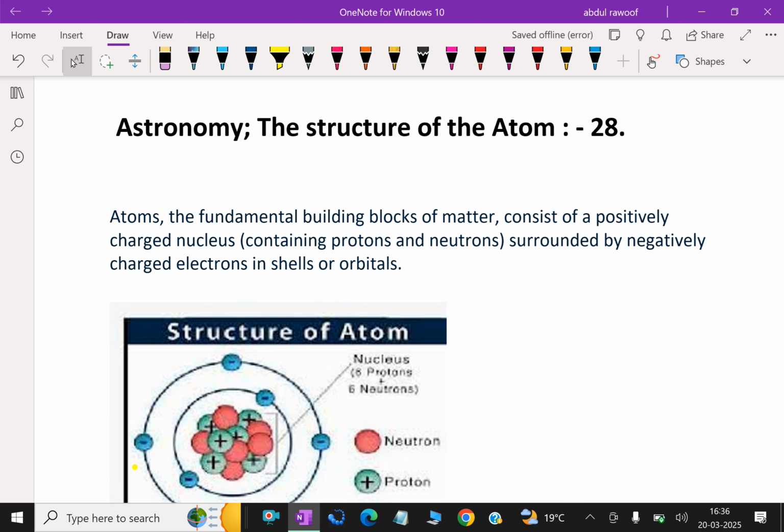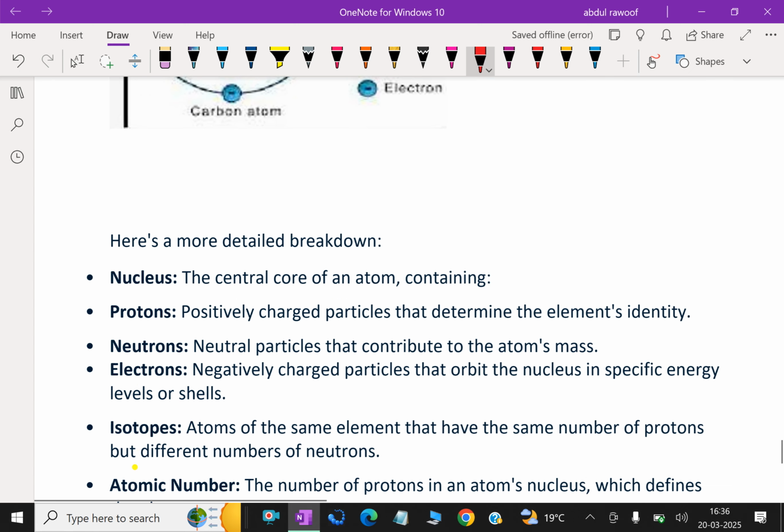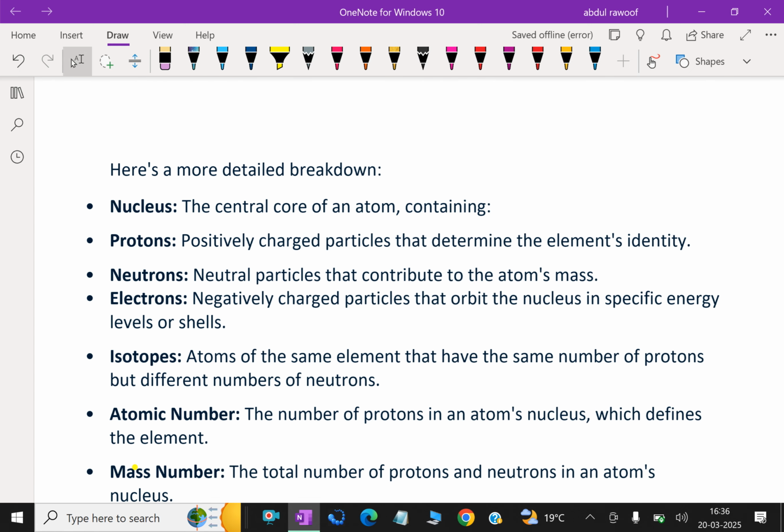An atom, a fundamental building block of matter, consists of a positively charged nucleus containing protons and neutrons, surrounded by negatively charged electrons in shells or orbitals. Here's more detail about the breakdown.